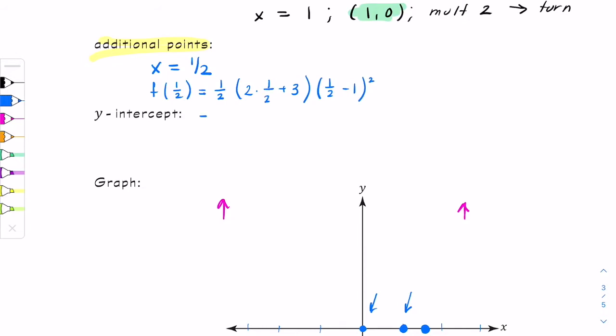And when I simplify this, I have an output of 1/2. So you can just use a calculator, type it in, get your answer. But I do know that I am going to have an additional point at 1/2, comma 1/2. X value 1/2, Y value 1/2.